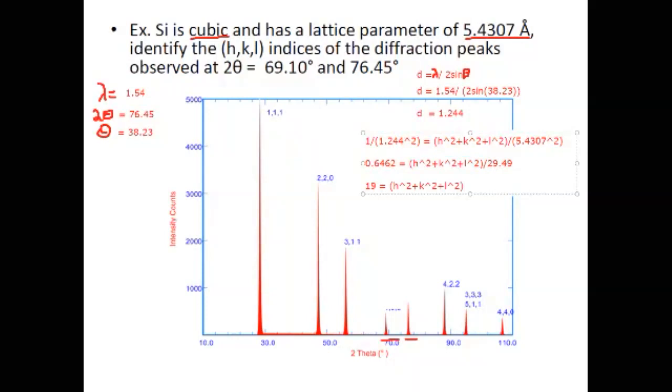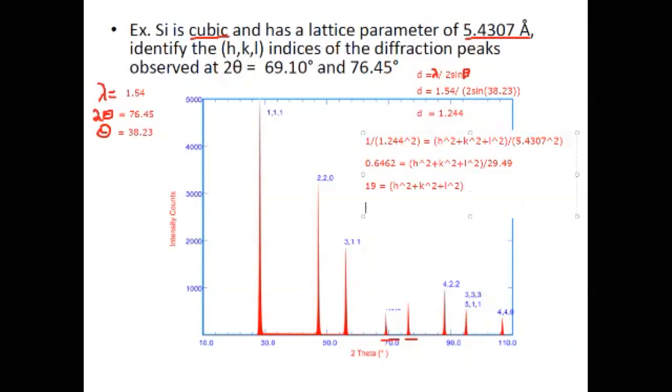Let me just double check. Yeah. So now we have to come up with a series of HKL indices that equal 19.